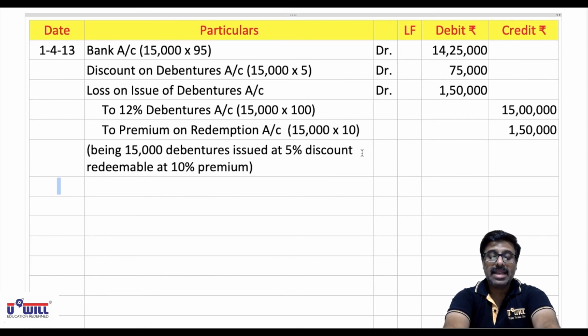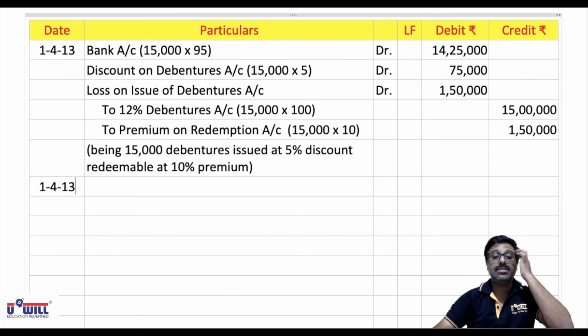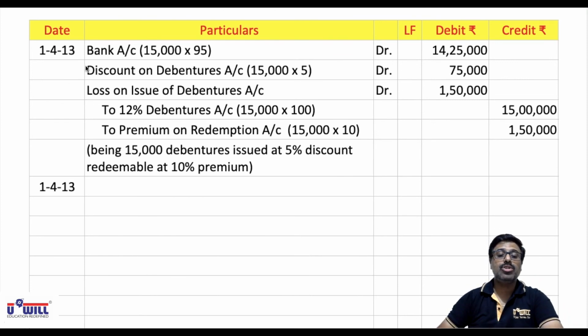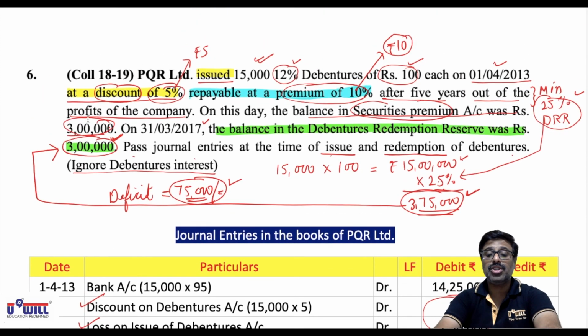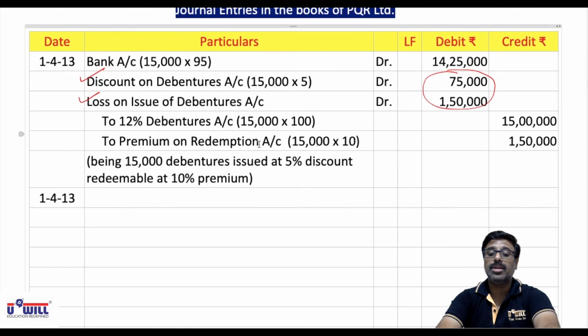Now, same date 1/4/13, we have to write off these two things. Which two things? Discount also and loss also. What is the total amount? 75 plus 150, 2,25,000 to be written off. And what is the securities premium balance? 3 lakhs. So is 3 lakhs sufficient to write off 2,25,000 or not? Yes.